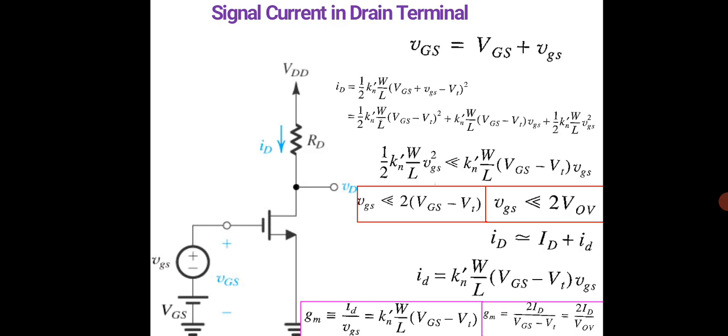And of course the capital D in the suffix refers to the combination of AC current and the DC current of the drain. Similarly I can derive an expression for the transconductance, where you could see the transconductance to be 2ID by the overdrive voltage.